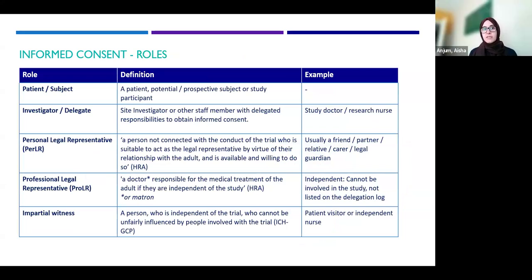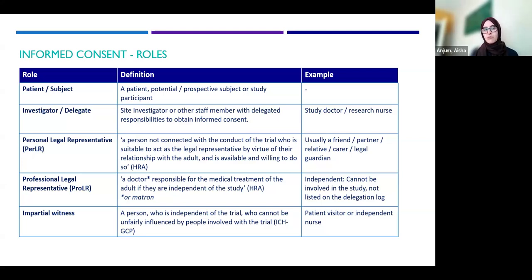So here is a table of the roles involved in consent. So we obviously have the patient or subject who is going to be involved in the study, or a study participant. We have the investigator, who is a staff member delegated with responsibilities of obtaining the informed consent.